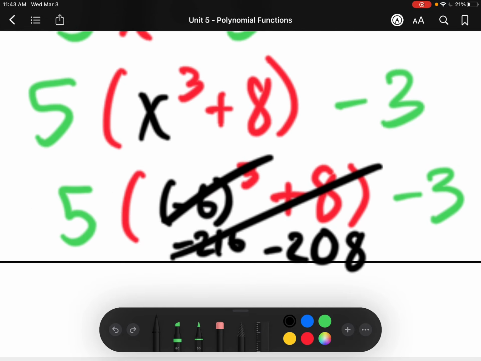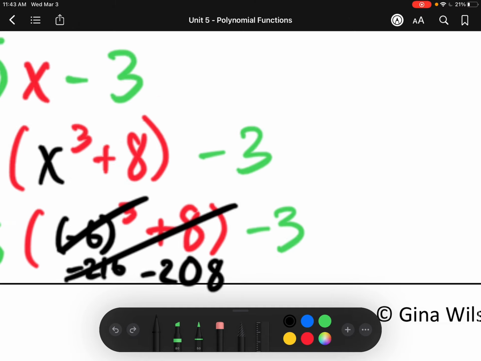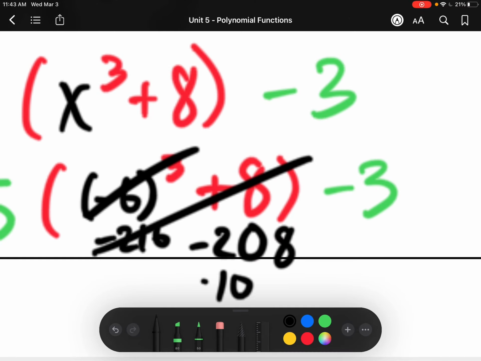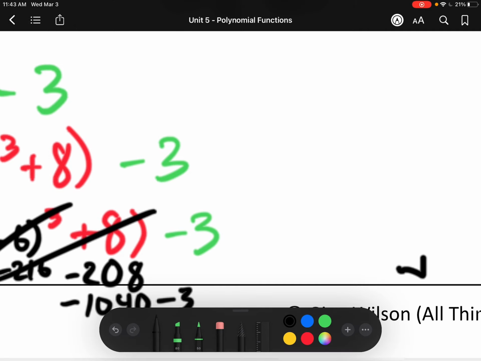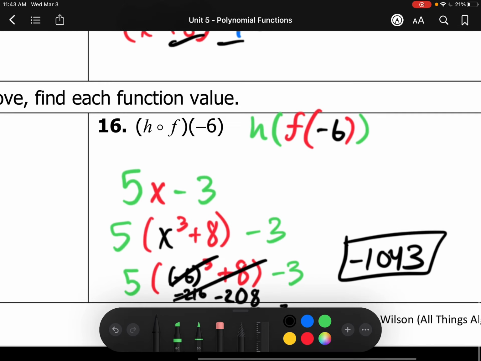Negative 208 is what we're left with in the parentheses once we do all those operations. So we have 5 times negative 208, which is equal to negative 1,040. So I have negative 1,040 minus 3, which is negative 1,043. This is our final answer right here.